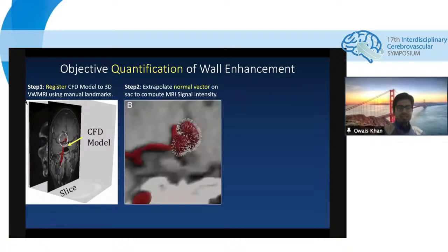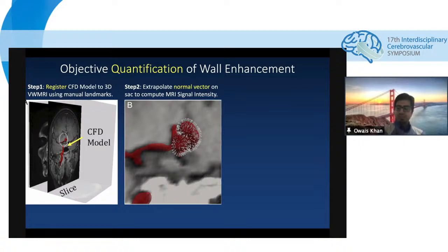In the second step, we had to segment out the lumen of the vessel wall MRI. The issue here was, as I said, that it's very difficult to distinguish what the lumen is, especially in the post-contrast or post-gadolinium images.